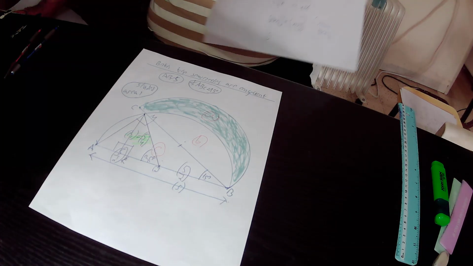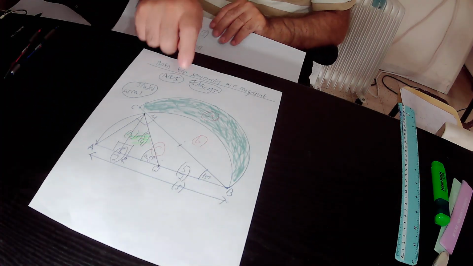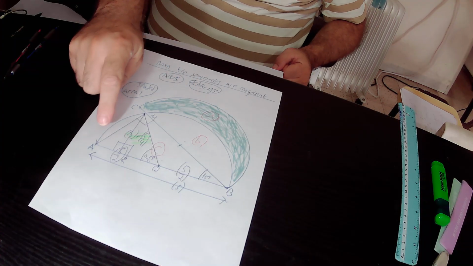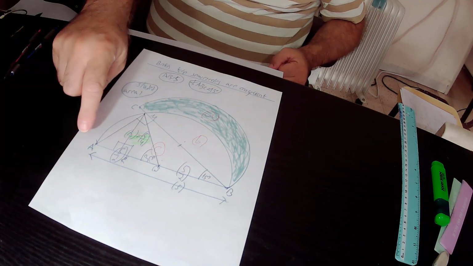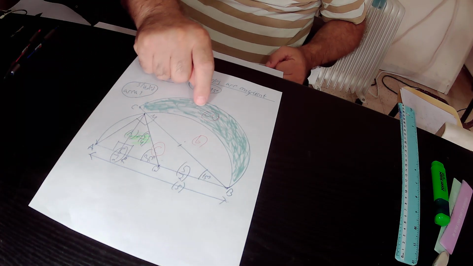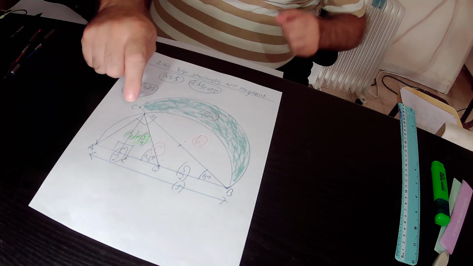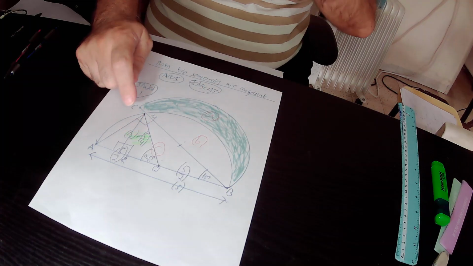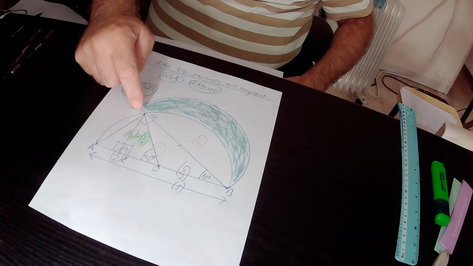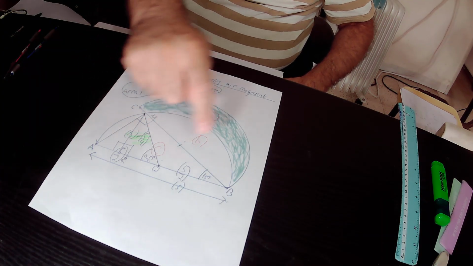Repeat again. The area of the shaded region equals the area of shape AB, which consists of two smaller shapes: the first is sector AOM, plus the second, triangle MOB.